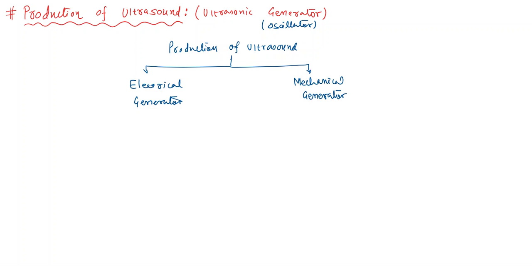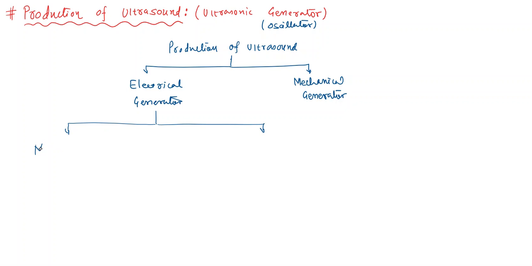Mechanical generators are very few, and they are hard to construct. But nowadays electronics is very easy. Circuit parts are available easily in the market. So electrical generators are more famous than mechanical generators, and we have to discuss only electrical generators in the production techniques. We have to discuss two generators.